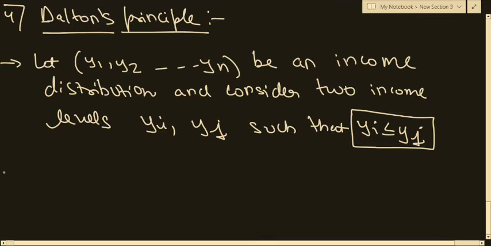Now we have an income distribution for n people, and we consider two income levels yi, yj, where yi is less than or equal to yj. So basically, what this implies is that yi lies to the left of yj.